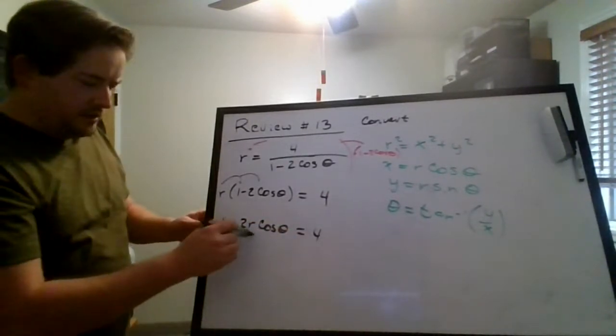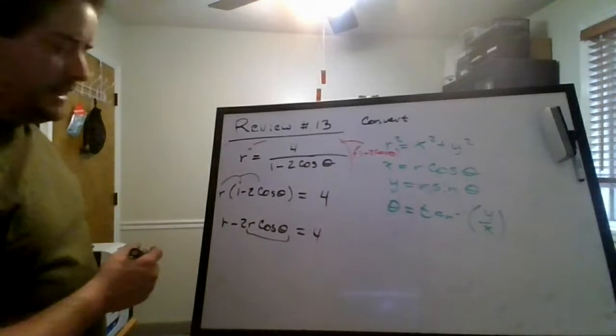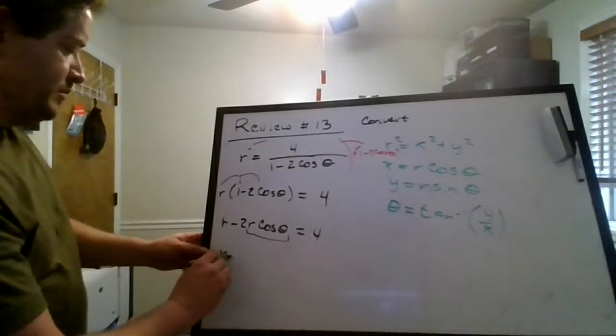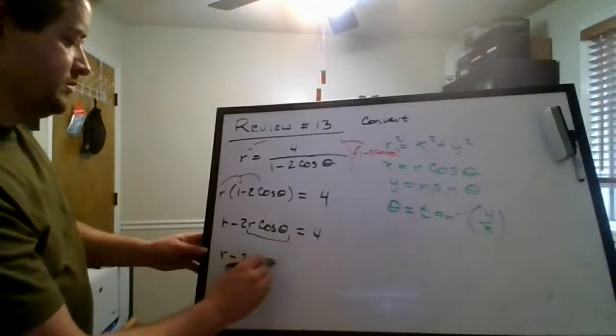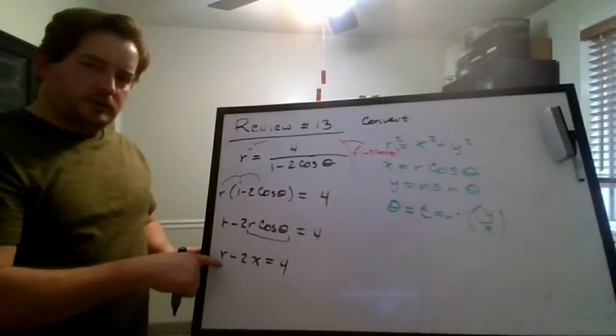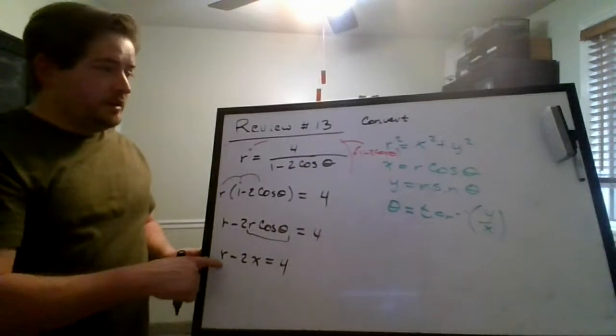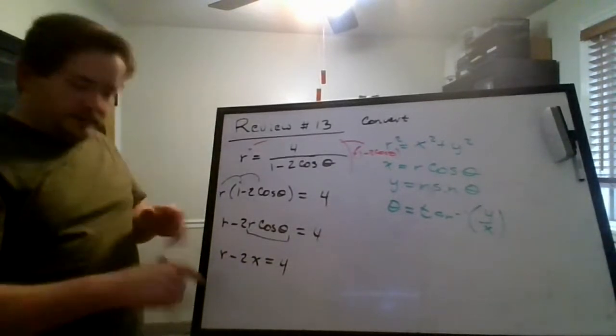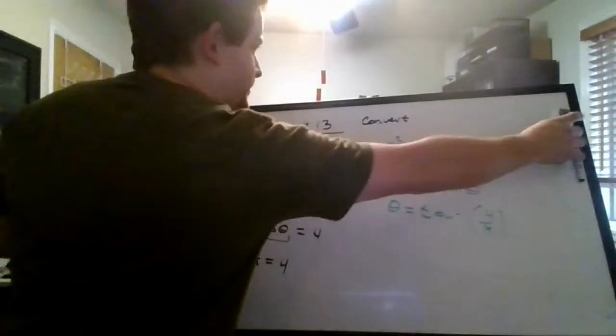And this r cosine theta, I can write that as x now. So I have r minus 2x equals 4. And I'm halfway. All I need to do is figure out what to do with this r. To figure that out, I'm going to erase this and give me some more room here.